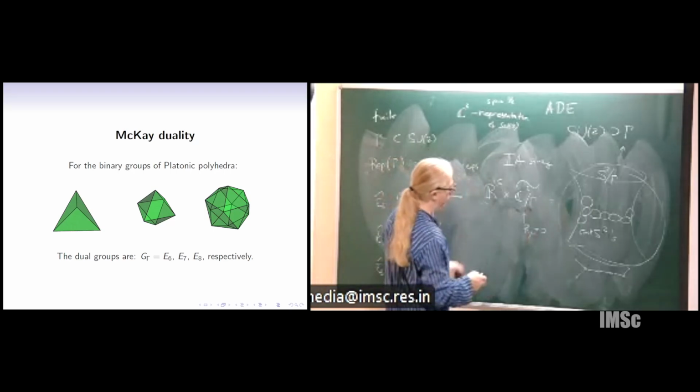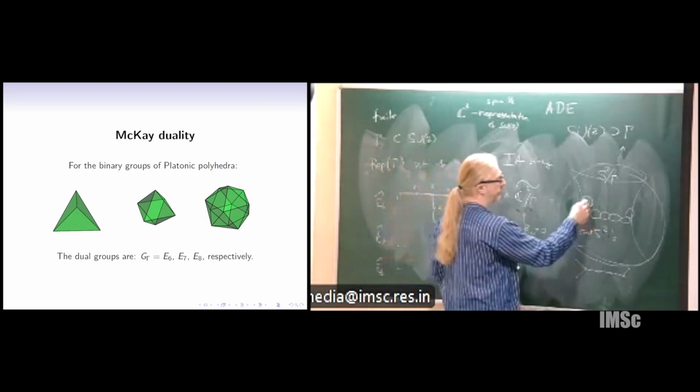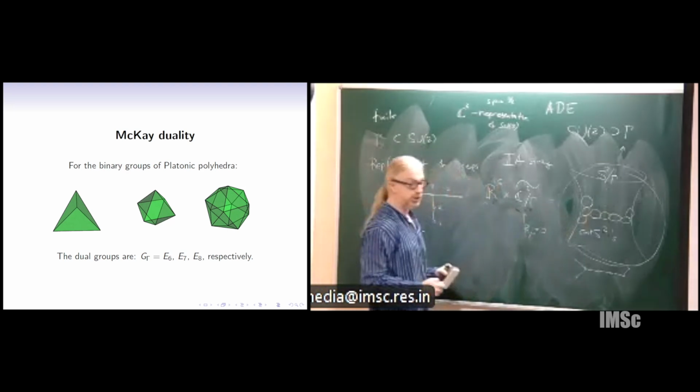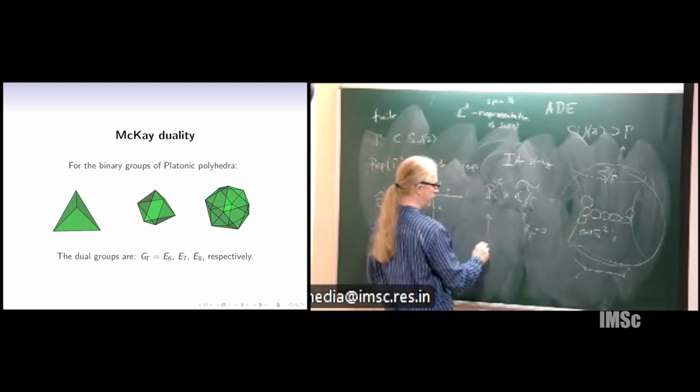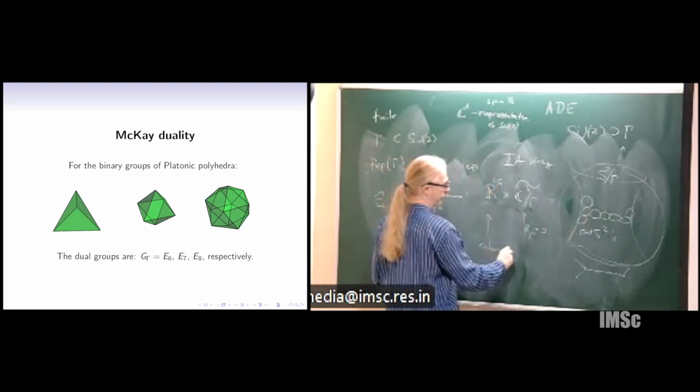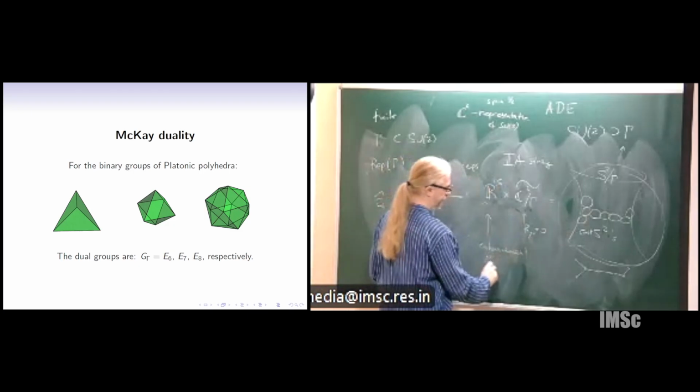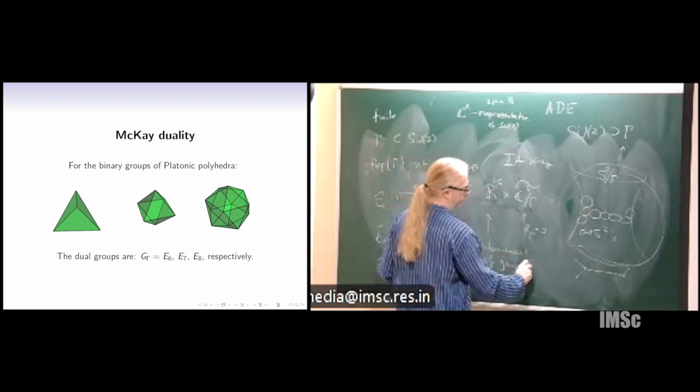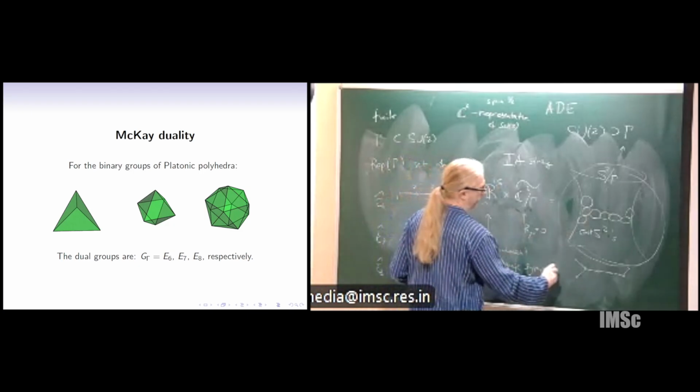string theorists argued was that if you take the limit when the sizes of all the spheres go to 0, then you have the enhancement of gauge symmetry.